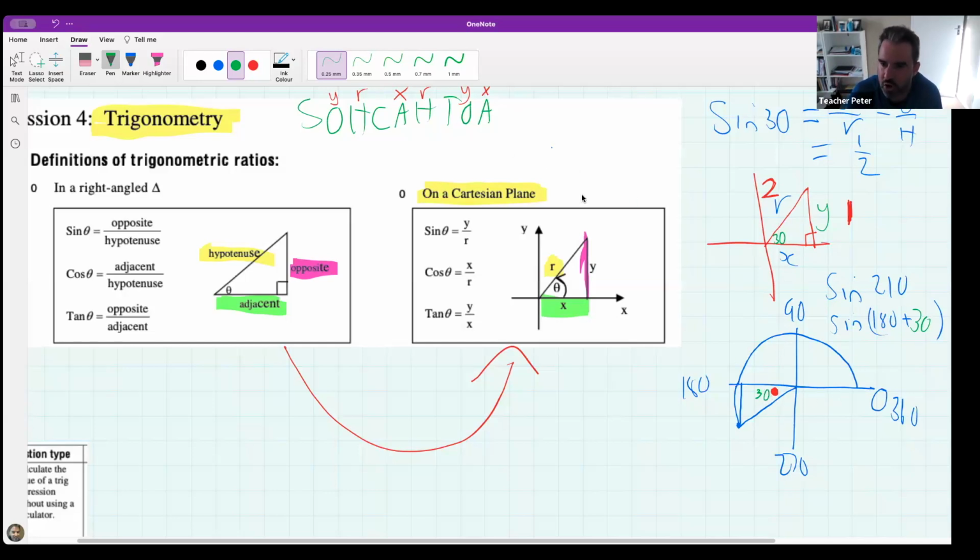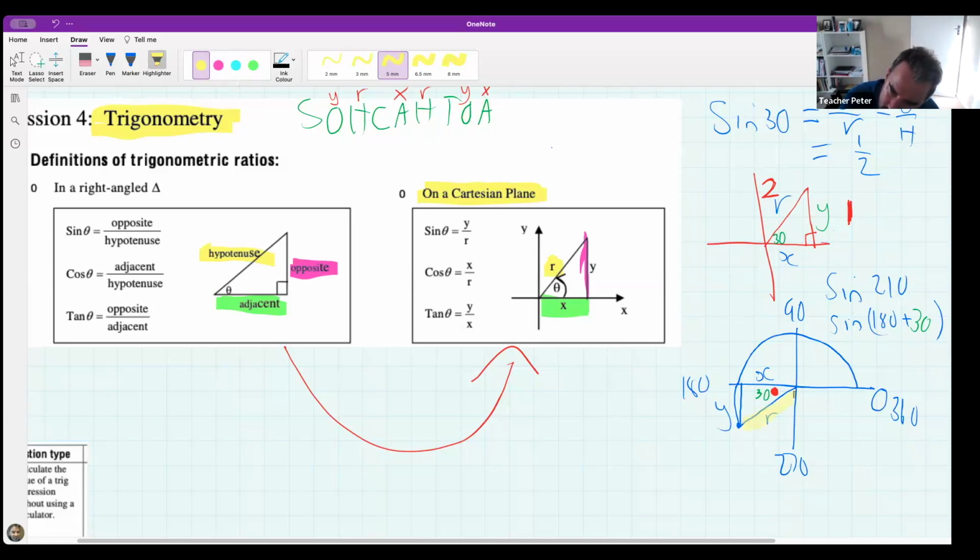Now, earlier on, when we drew our one above, we noticed that in quadrant 1, x, y, and r are positive. If I look at x, it's in the positive axis, y is positive, and r is always positive. But if I look at where x is now, where y is now, and where r is, what can you tell me about x? Now, r is always going to be positive, okay, because it's a radius.